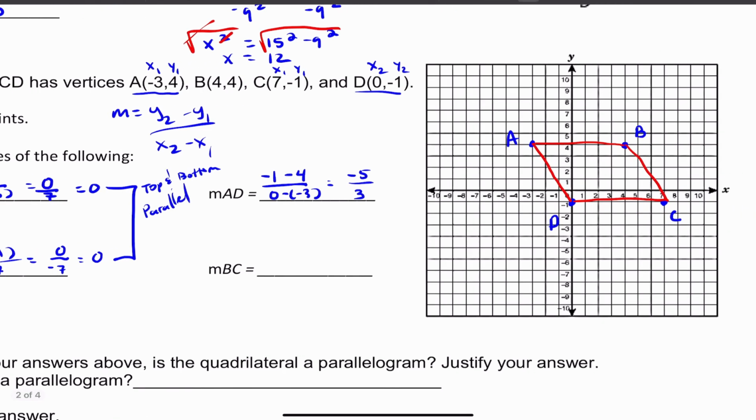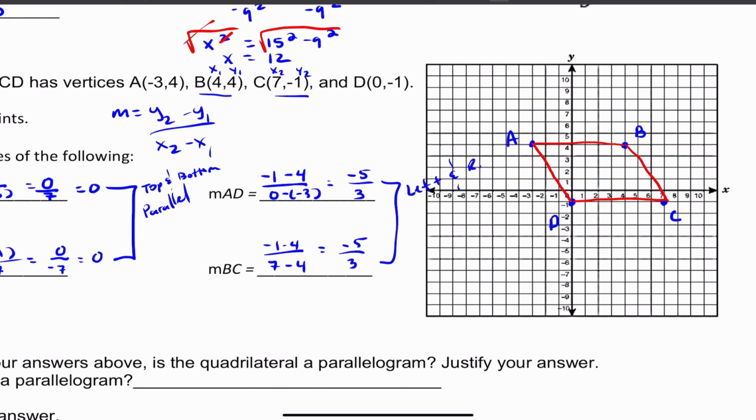The slope of BC, here's B, here's C. y2 minus y1 over x2 minus x1, negative 5 over 3. So that means that the left and right are parallel.